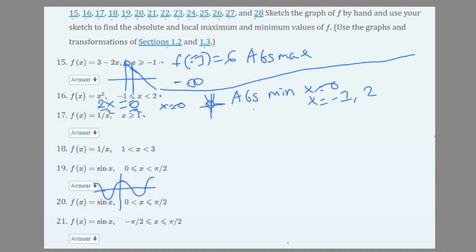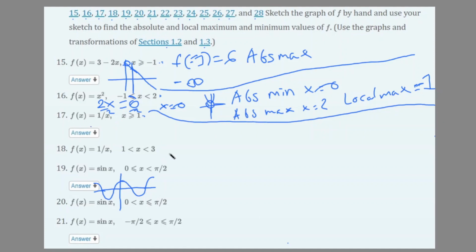And for the absolute maximum, you could deduce that it happens at x equals 2 because it's within that interval. And then the local maximum would be at -1, since the interval also includes -1 here, so less than or equal to -1. We could say that the local max happens at -1.